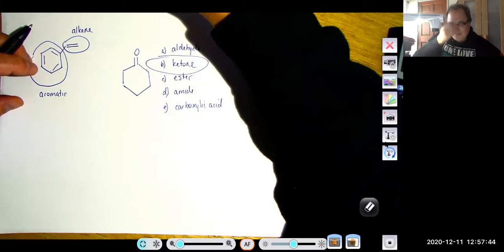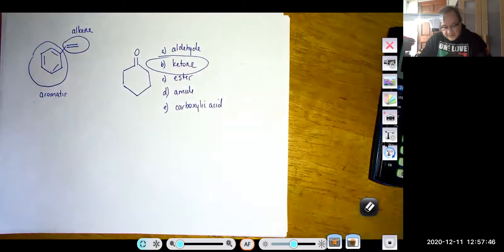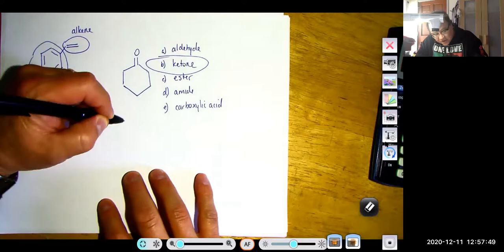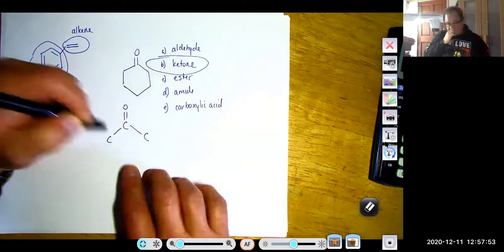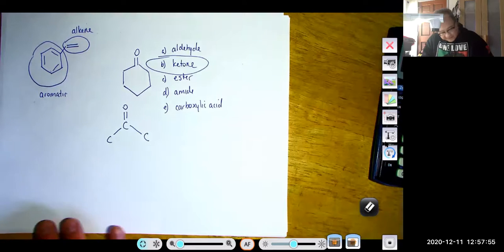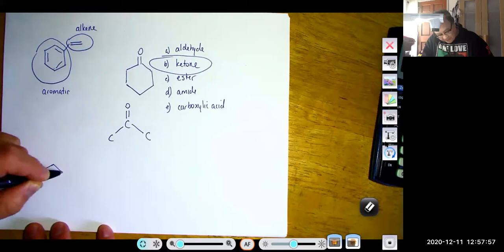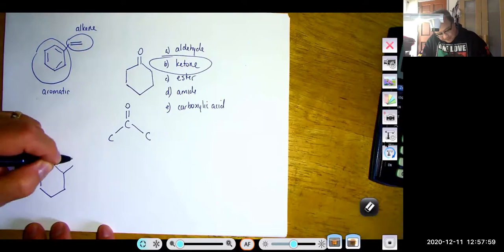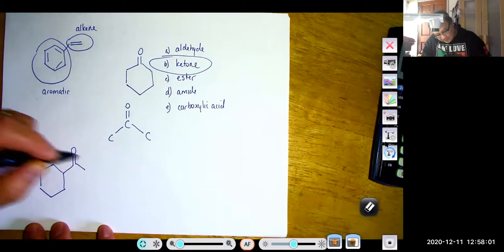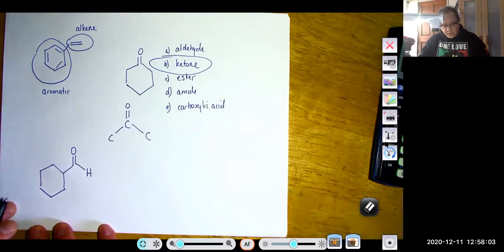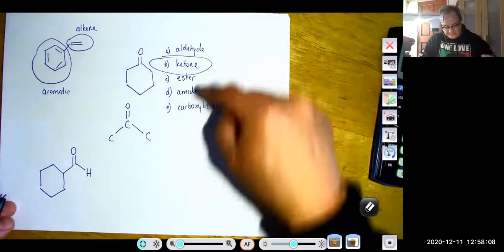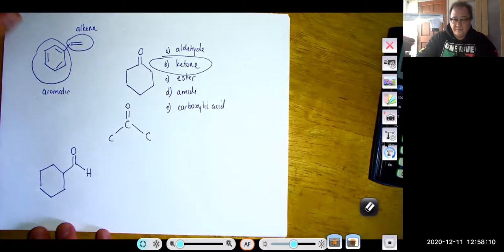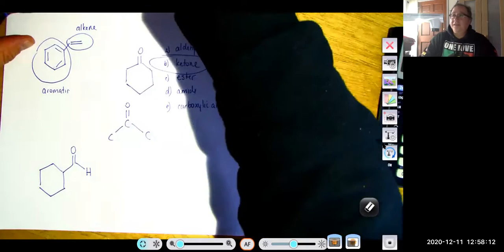Okay. It's a ketone. And the reason is because you have this carbon double bonded to an oxygen, carbon and carbon. Okay. Here's another one. What is the functional group? Here are your choices, A, B, C, D, E. When you're done, give me a thumbs up.